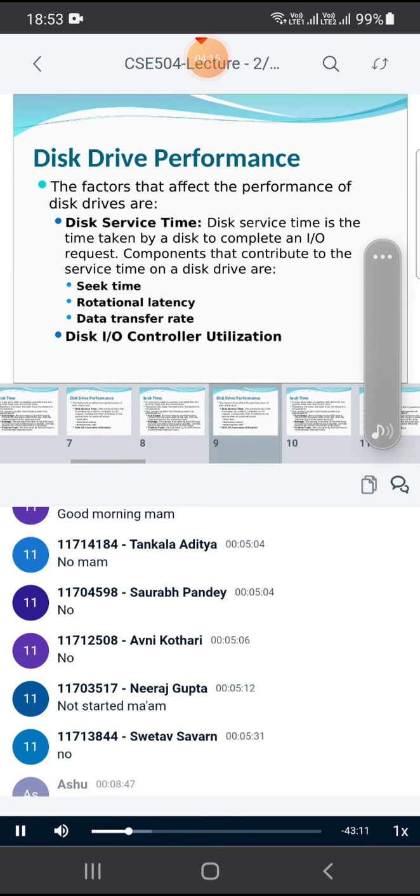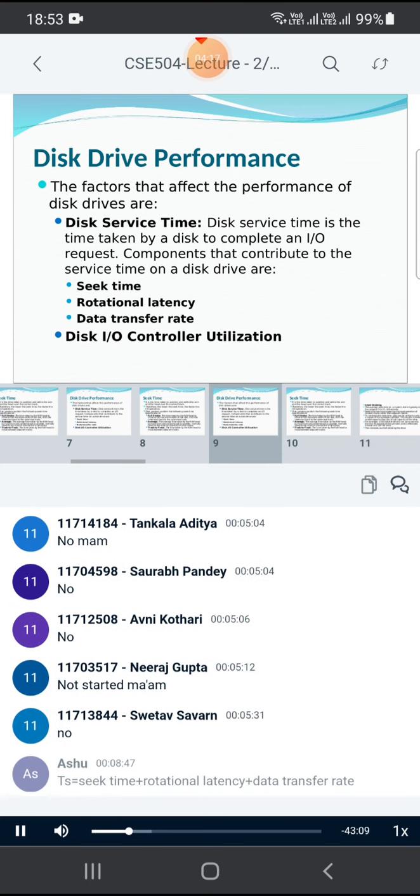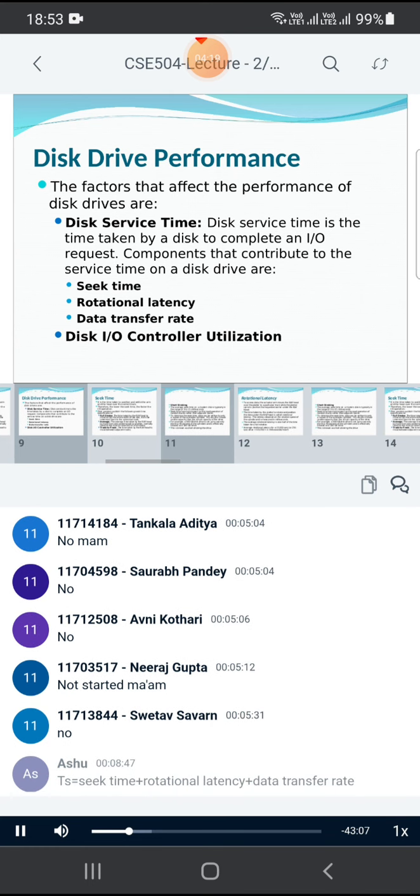Before we start with this, let me tell you one formula. We denote disk service time with TS, capital T, small s. I'm typing the formula in the chat box. Please note it down because I guess it is not mentioned in the PPT.